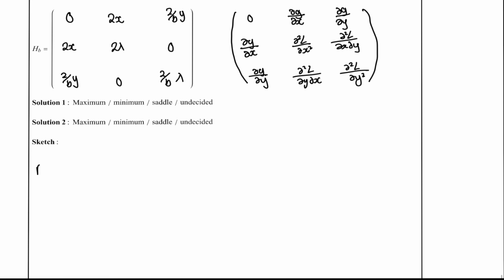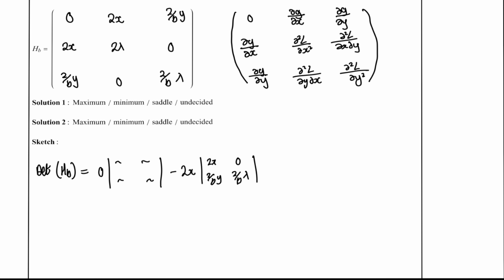Now if I work out the determinant of the bordered Hessian, we get 0 minus 2x times (2x times 2 over b lambda, minus 0), plus 2 over b y times (2x times 0 minus 2 lambda times 2 over b y).